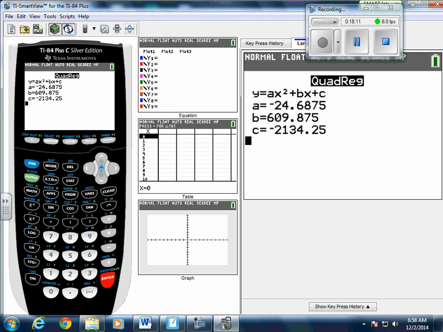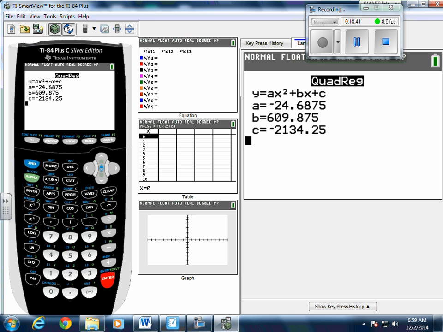A is negative 24.7, so approximately negative 25. B is approximately 610. And C is approximately negative 2,134. Let's round them to the nearest tenth.